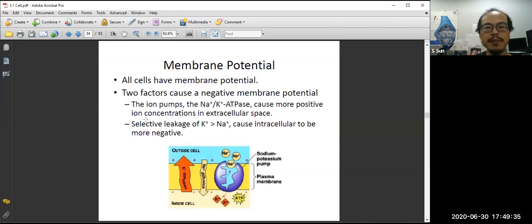So this membrane potential is driven by the major player, the sodium potassium ATPase. There's a second one. Say we have this pump, right? We pump K plus in, sodium out, 3 out, 2 in.